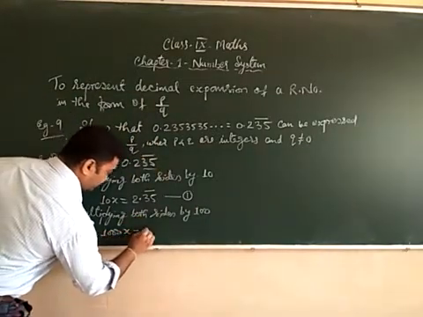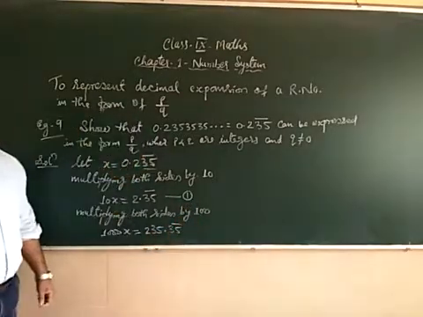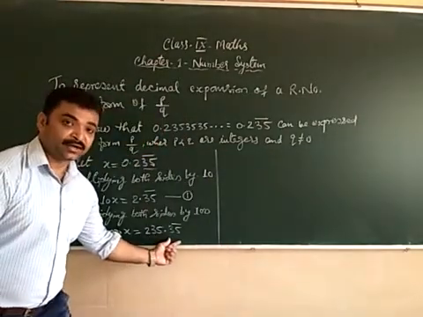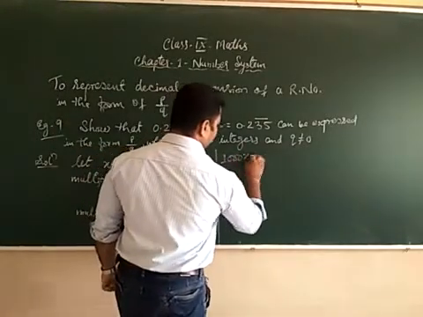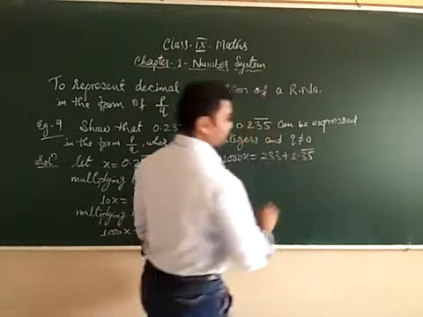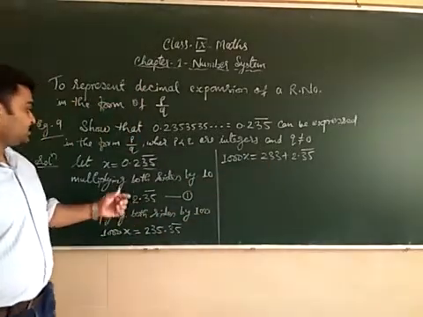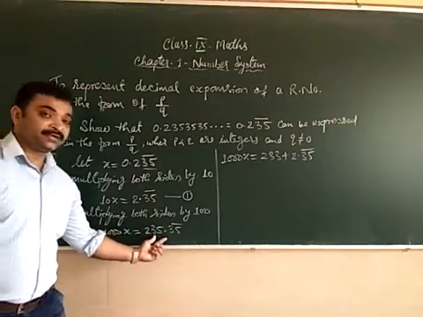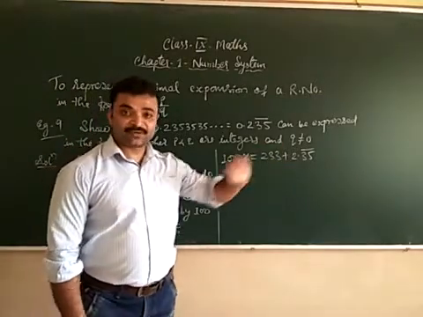1000x is equal to 235.35 bar. Now this 235.35 bar can be written as 1000x is equal to 233 plus 2.35 bar. Why do we write in this way? Because here we have 10x is equal to 2.35 bar. So we can split 235.35 bar as 233 plus 2.35 bar.